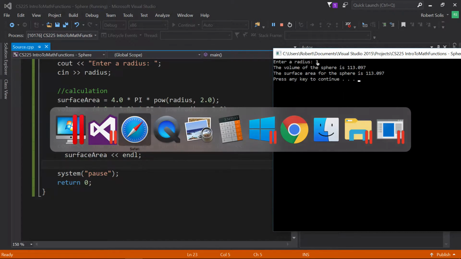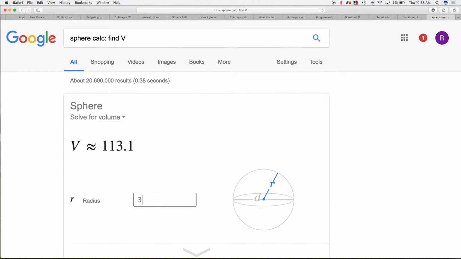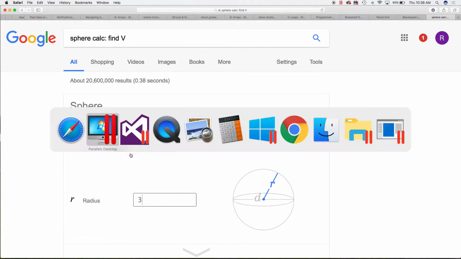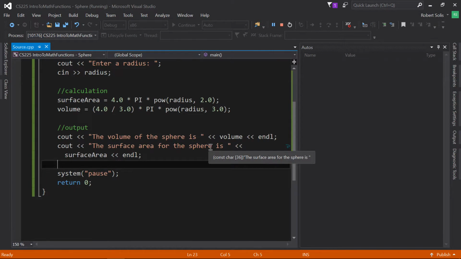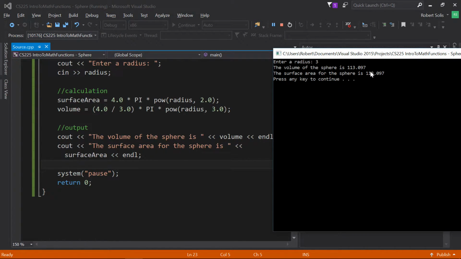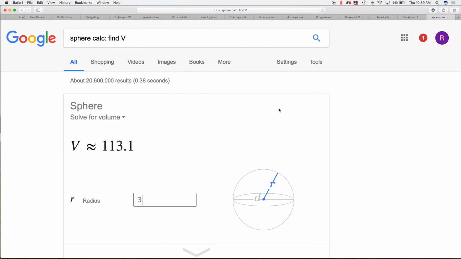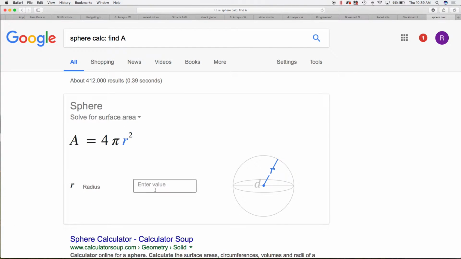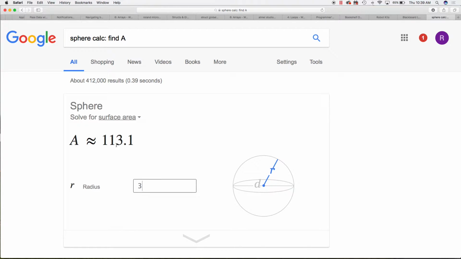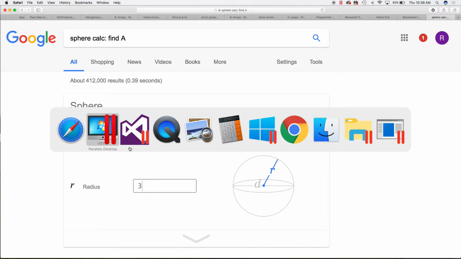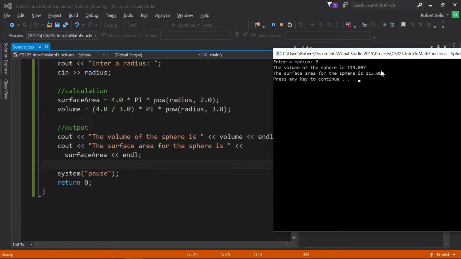So let me go back over here and type in the radius of 3, 113. Yep, that's exactly what we got. How about for the surface area? And I enter a value of 3. Yep, there it is, 113 as well. And sure enough, it's exactly what we got over here, 113.